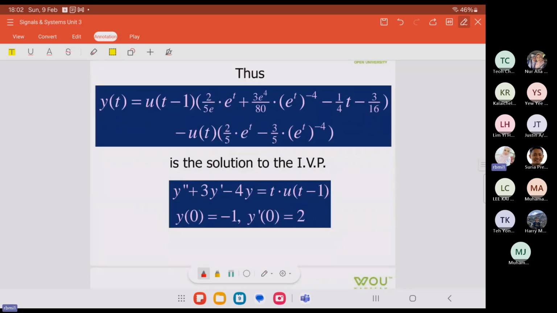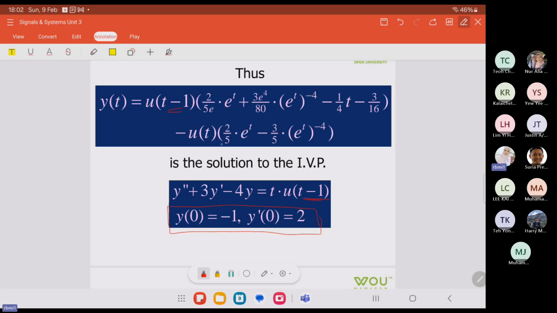Okay, so this will become the solutions to the initial value problems. This actually comes from the shifting properties. And this is the initial value problems.